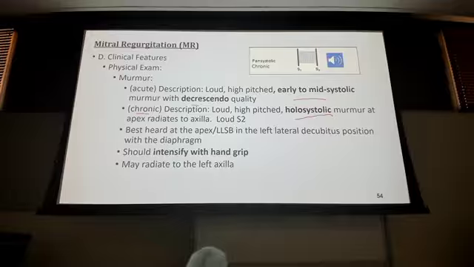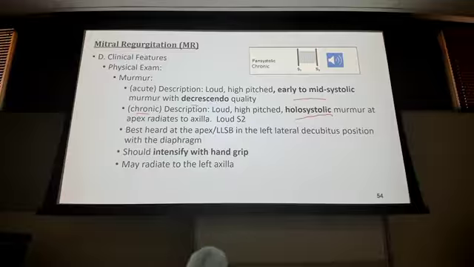The pressure is rapidly increasing, so you're going to quickly get to a point where you're going to have almost an equilibration between the atrial pressure and the ventricular pressure, so you're going to stop that flow going from ventricle to atrium. Okay? So that's why you get that early to mid-systolic murmur with a decrescendo pattern, because that pressure is rapidly increasing and that flow is going to decrease.